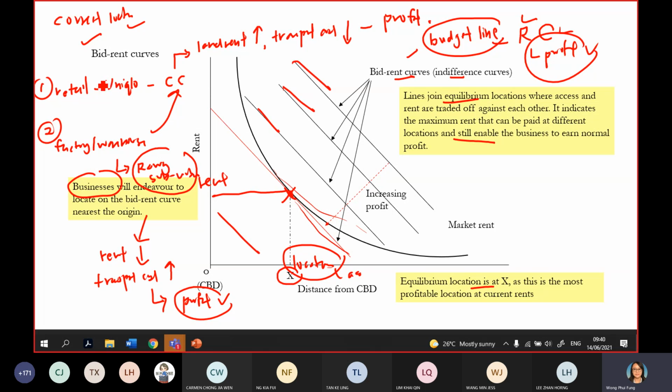But because in the city center the land is very, very limited, if they rent a shop lot to do their factory and put their plant and machinery, they cannot cover the cost. The profit generated cannot cover the cost. That's why, as I told you, they surrender to the retail. They will choose to move further away to the suburban area.